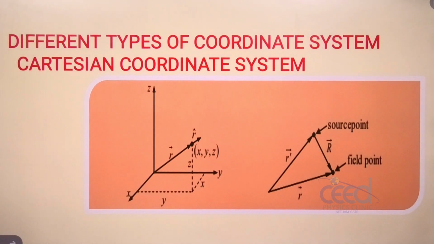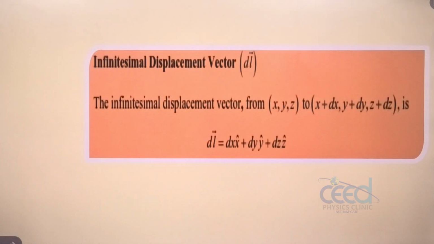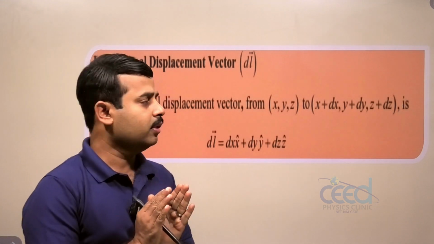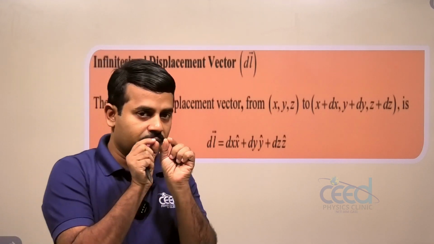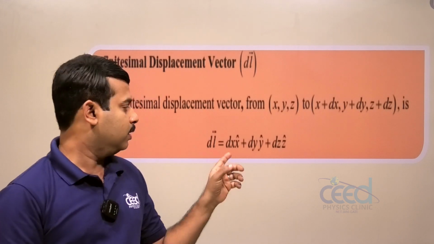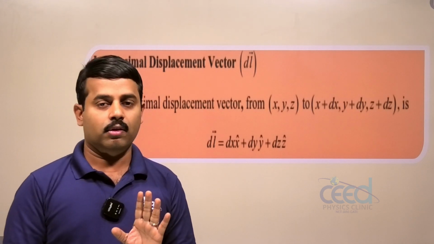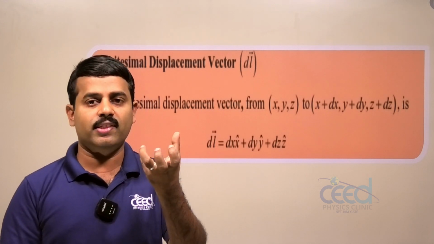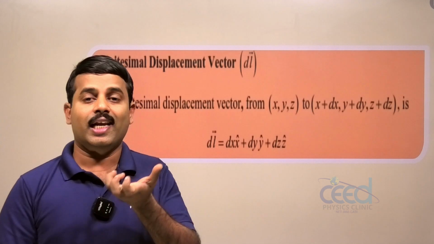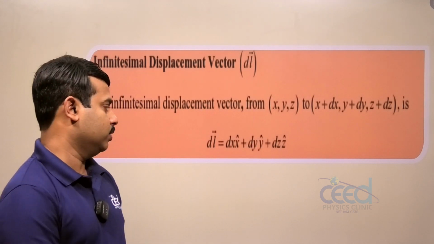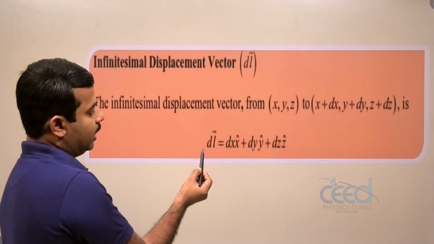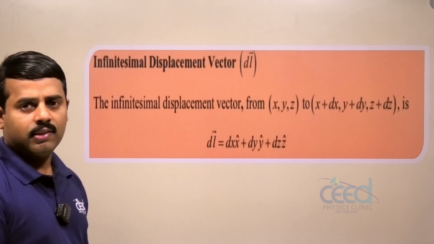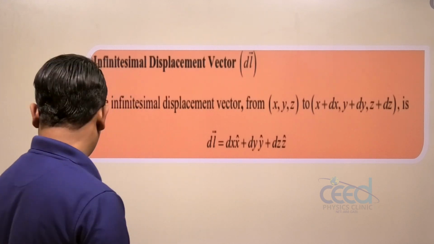Now let us go to how to represent, see, we have already discussed how to represent an infinitesimal length in the Cartesian coordinate system, or length element. We already saw dl is equal to dx x cap plus dy y cap plus dz z cap.